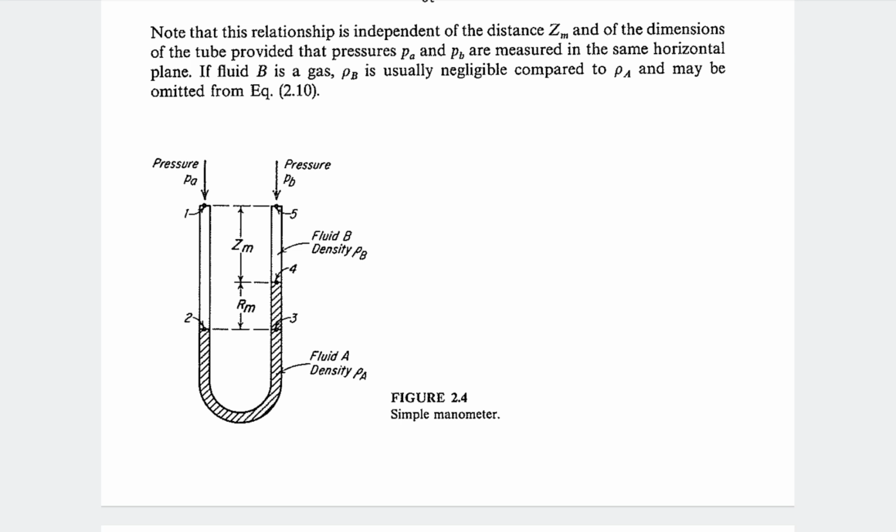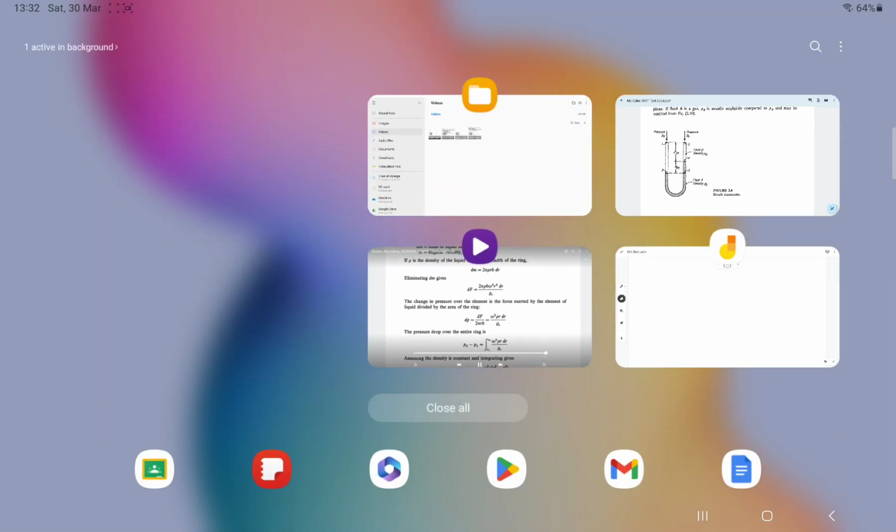So when you want to know how to measure the pressure difference, we should use the hydrostatic equilibrium condition, which is nothing but the force balance. So let us write the force balance to know the pressure differences.